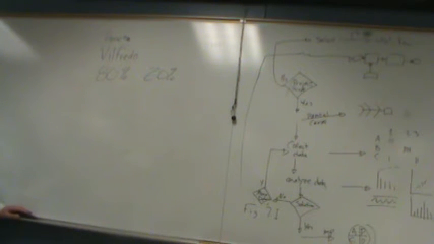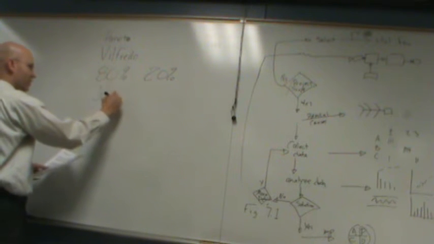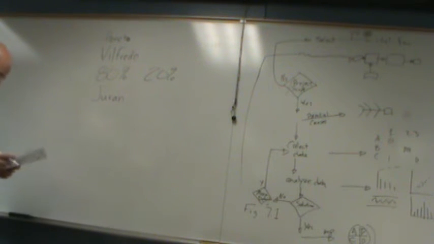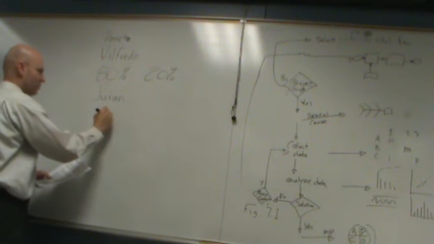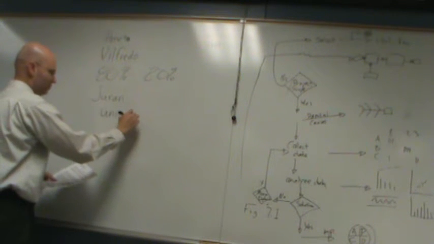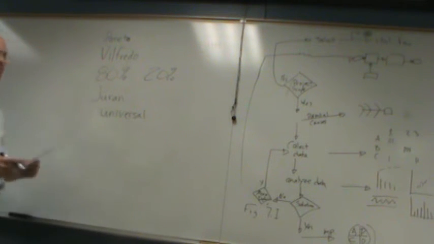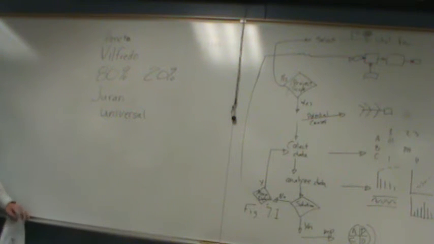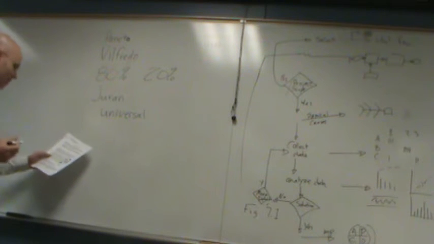And so he applied it only to economics terms, but this gentleman, Juran, said that it should be universal, meaning that just what you said, that 80% of the problems come from 20% of the causes. So that's where the 80-20 applies to just about all kinds of industries and natural situations.